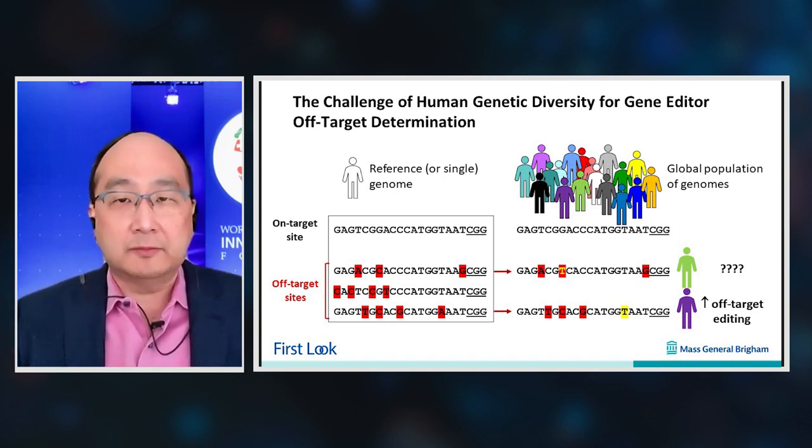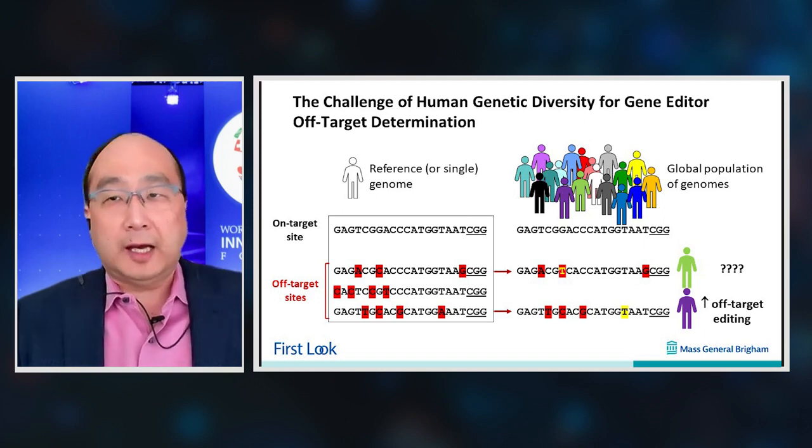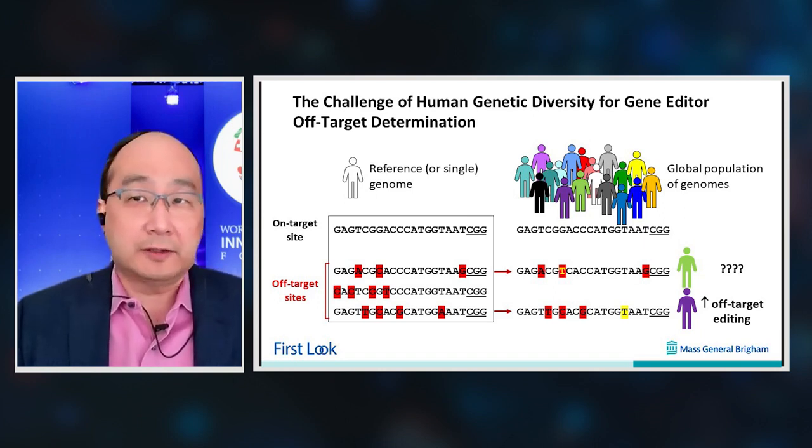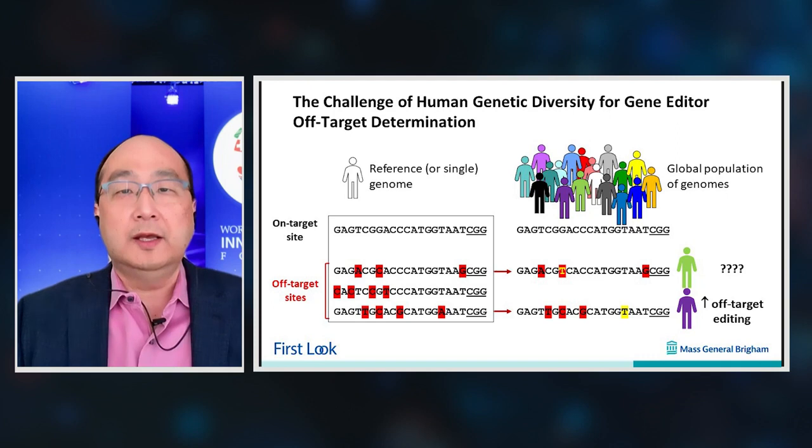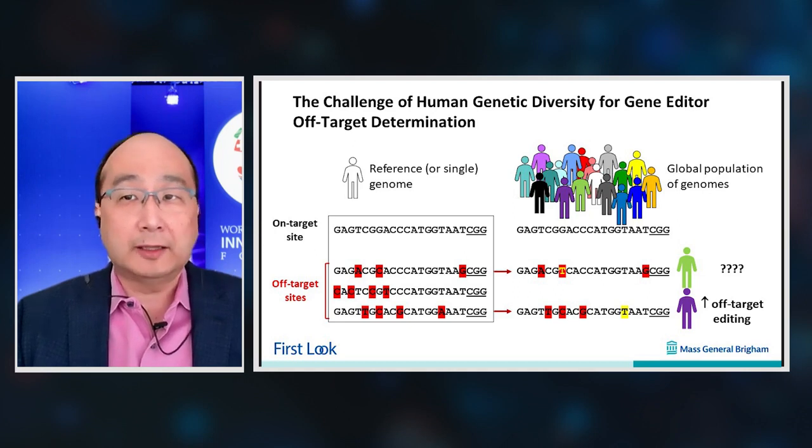The challenge comes when you start to think about applying these editors to the global population of people and their different genomes. That's because we are all different. We all have small differences. For example, a single nucleotide polymorphism can potentially make a difference in off-target.